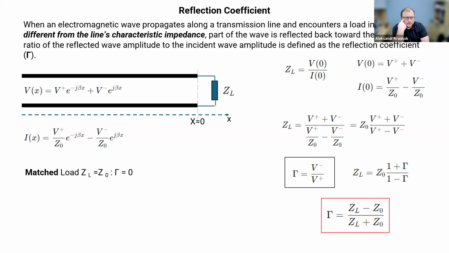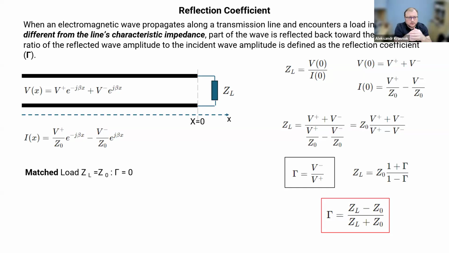It's a very important case because in the vast majority of applications, this is the case of interest. We design the system in a way to get rid of any reflections, because reflection can be a sort of loss.